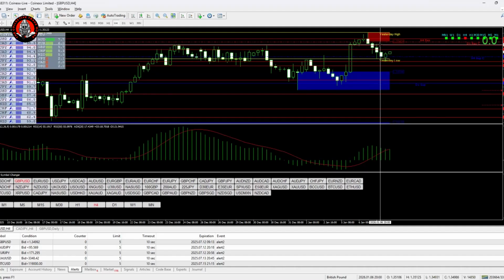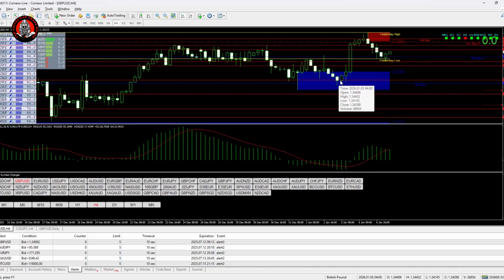Because if price takes a downward turn here, I have to rely on this level of structure to grade whether or not this is an entry point.